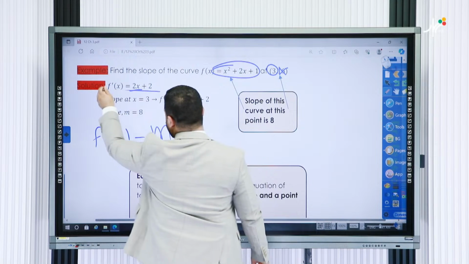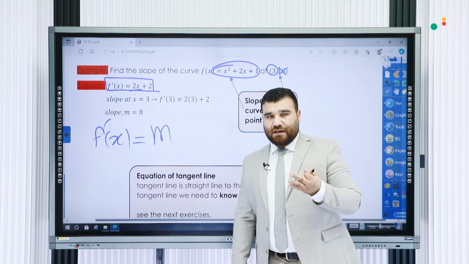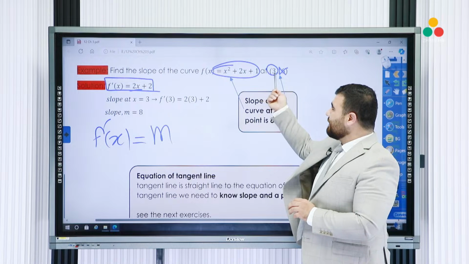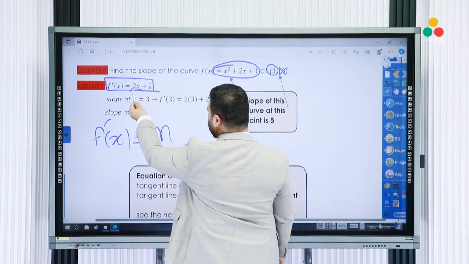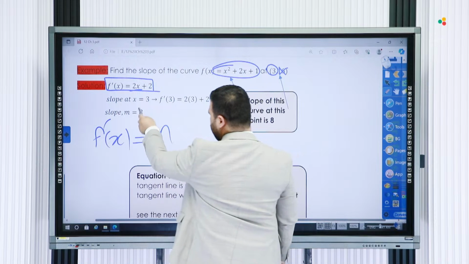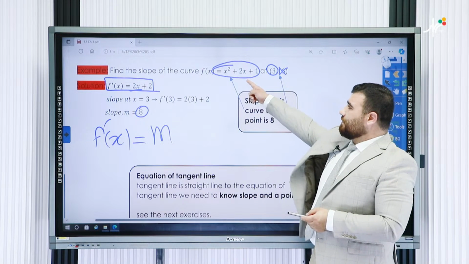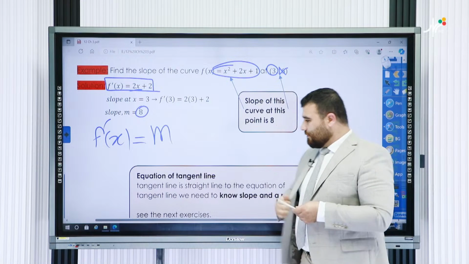This is the derivative. Now, if I replace x with 3, I will get the slope of this curve at this point. Replacing x with 3, 2 times 3, 6, plus 2, 8. This means the slope of this curve at this point is 8.